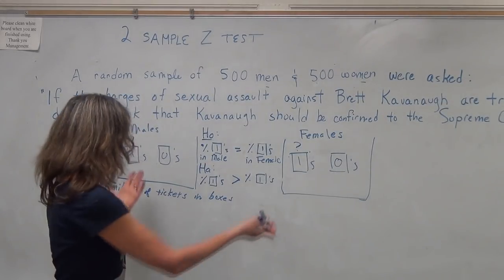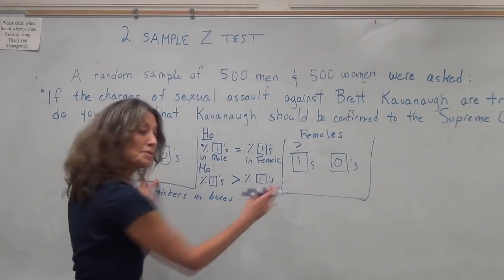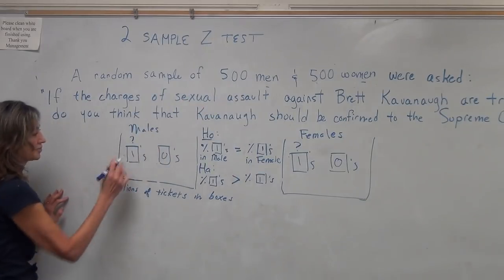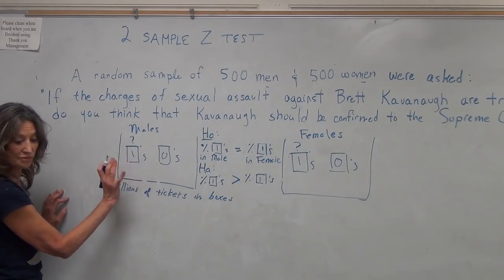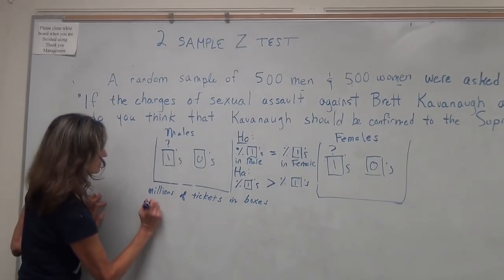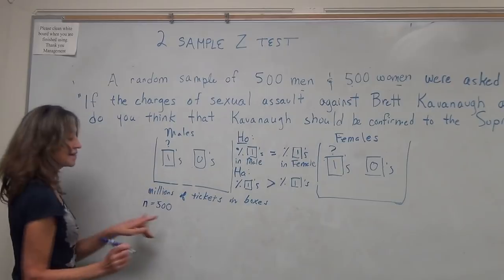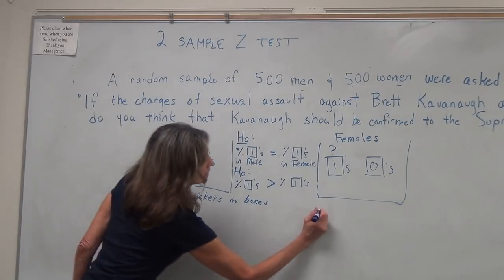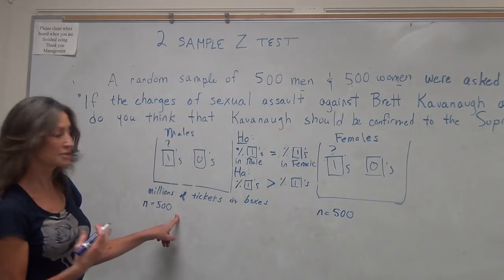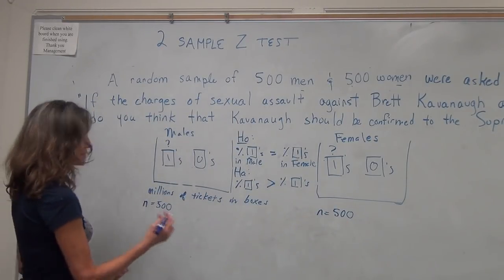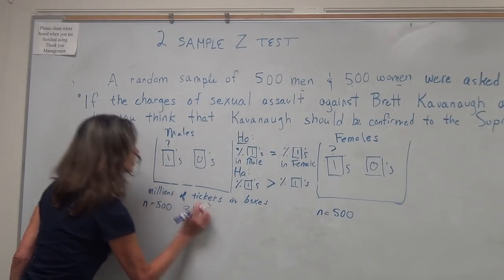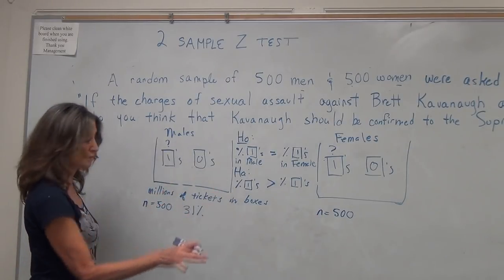We can't poll everybody in the whole population, right? So we take a random sample, and that's what they did here. They took a random sample of 500 from each box, so n is equal to 500. The sample percent they got, and this is actually true data, is 31%. 31% of the men said yes, he should be confirmed.